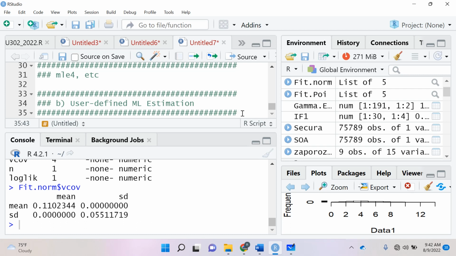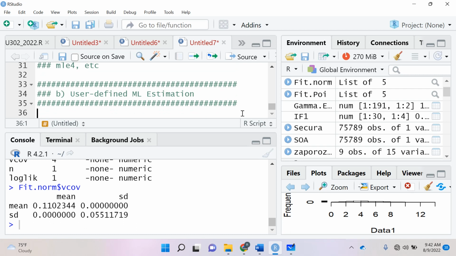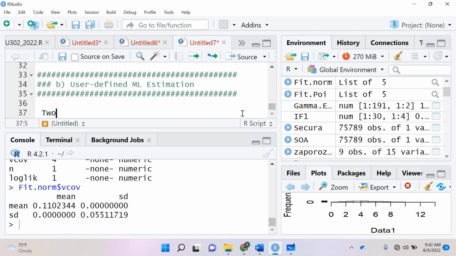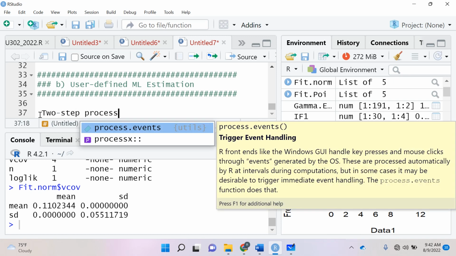Now, the log likelihood function and the optimization command may be typed interactively into R, and that's what we are going to do now. I said it's a two-step process. So what are these processes?